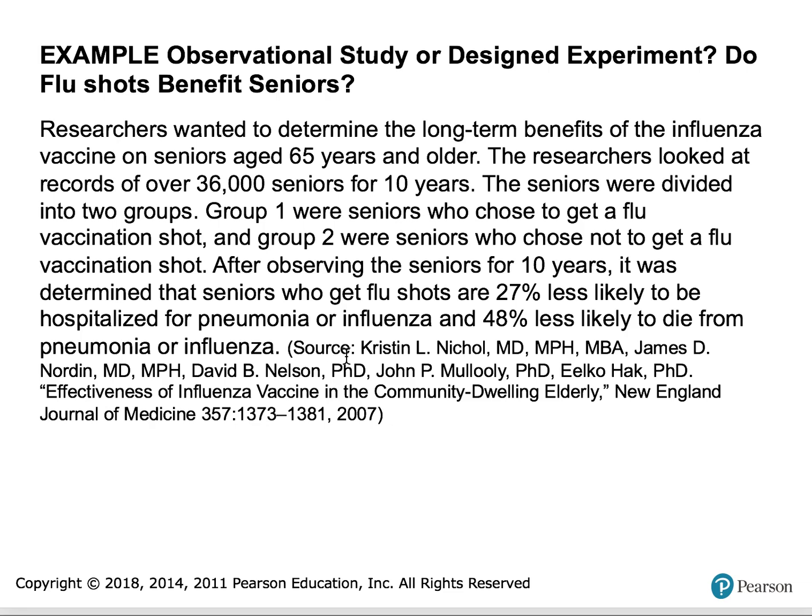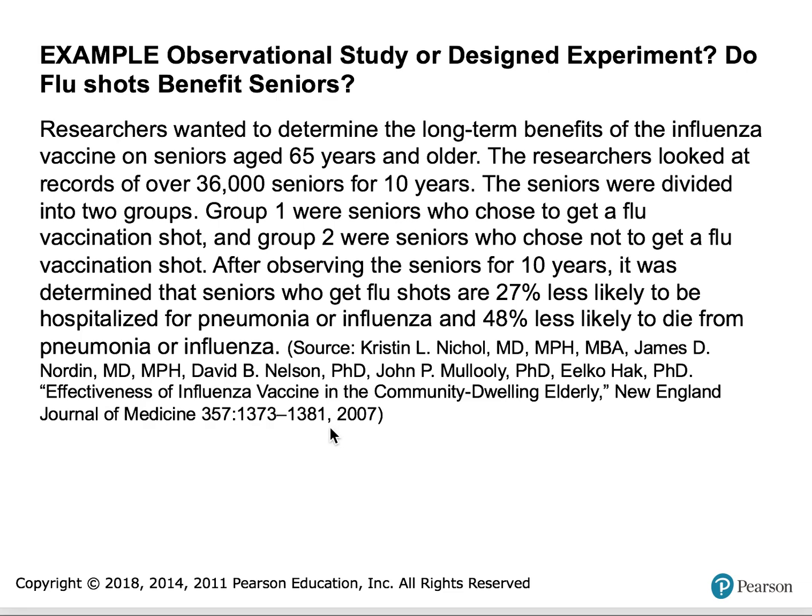Wow! The results of this study sound great, right? All seniors should go out and get a flu shot. Well, not necessarily. The authors were concerned about confounding. They were concerned that lower hospitalization and death rates may have been due to something other than the flu shot.